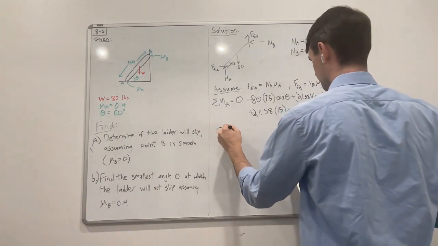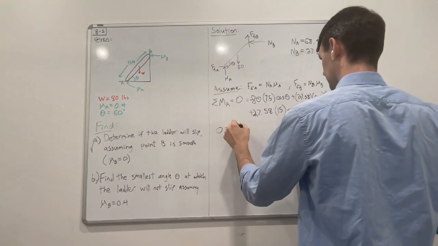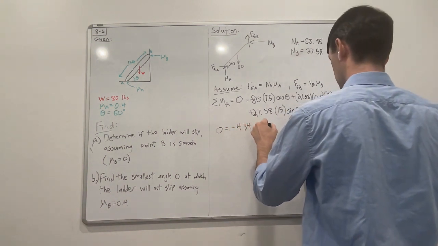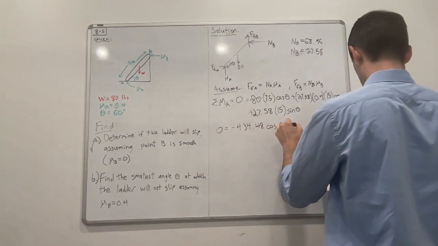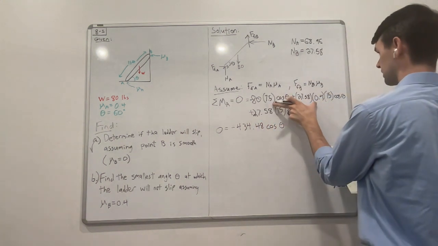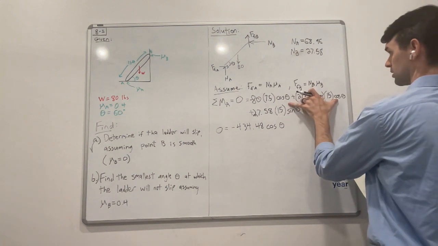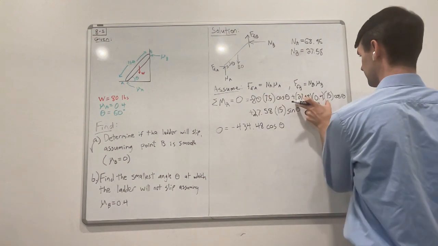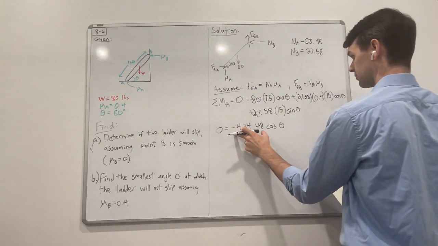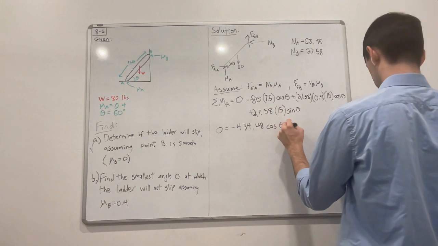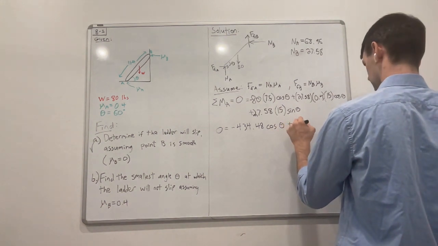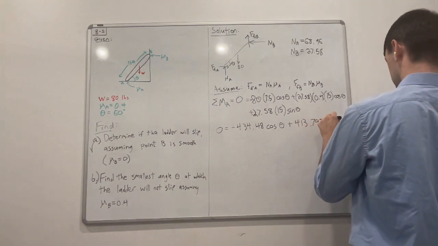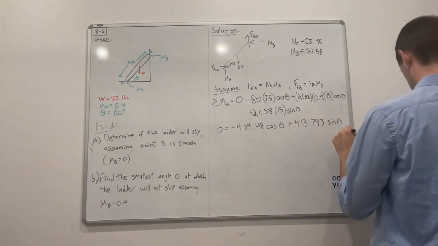When we simplify the math, we get 0 equals negative 434.48 cosine theta. So I'm combining the like terms, combining my cosine terms, and then I'll have the sine. So when I take that value plus that value, I get negative 434.48 cosine theta plus 413.793 sine of theta.